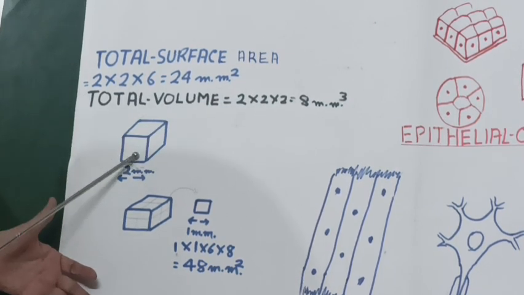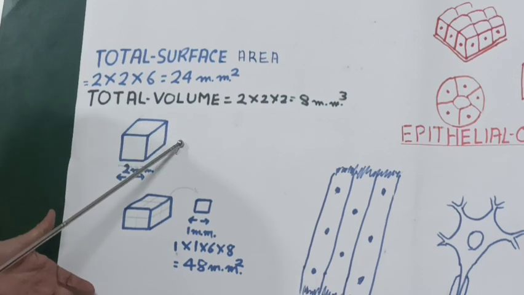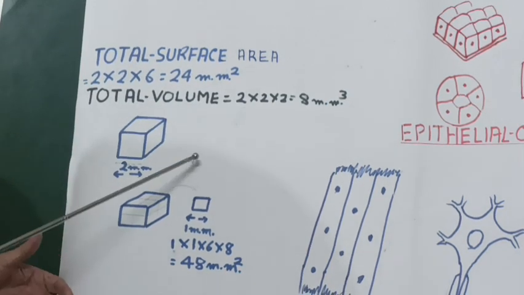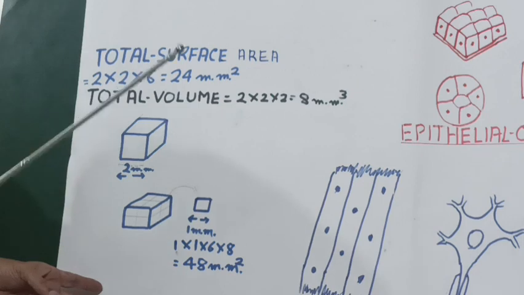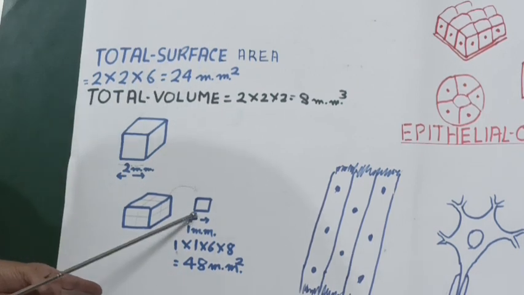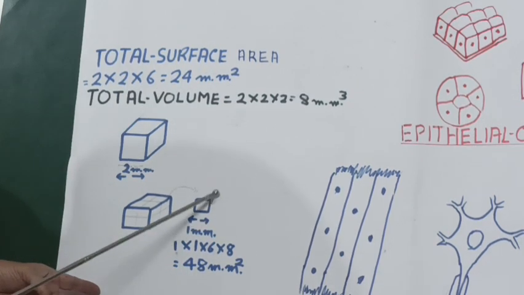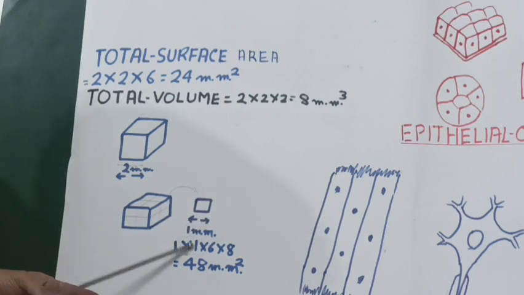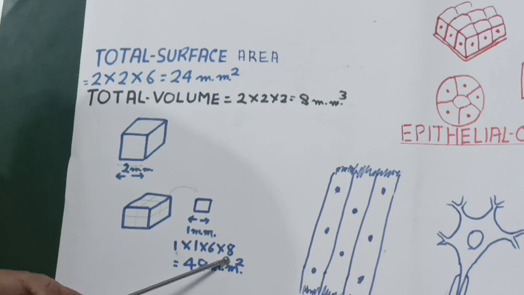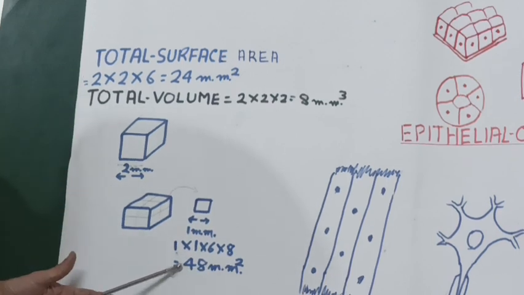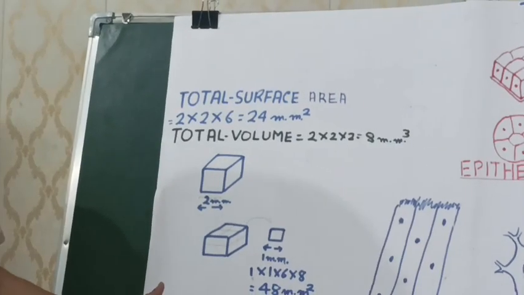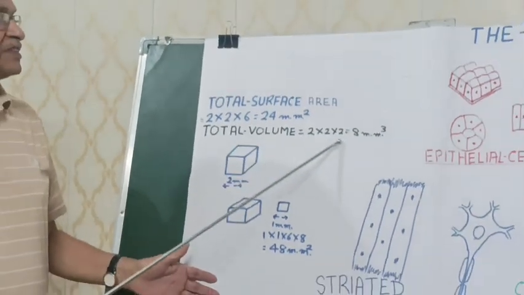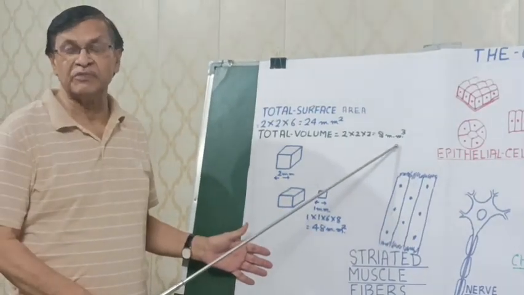If we cut this cube into 8 pieces from the middle, then each cube will be 1 millimeter long, 1 millimeter broad, 1 millimeter deep. There are 6 surfaces and there are 8 cubes, so the total surface area will become 48 square millimeter, whereas the total volume is the same, 8 cubic millimeter.